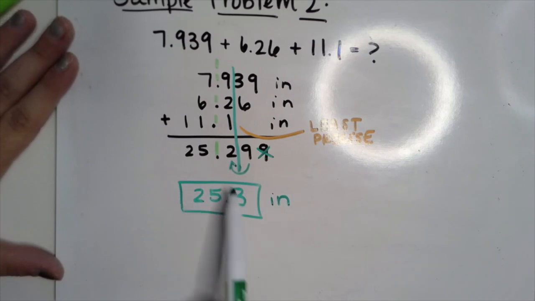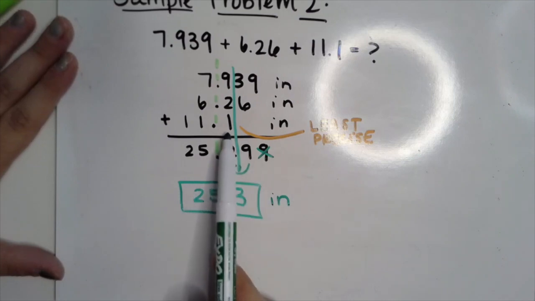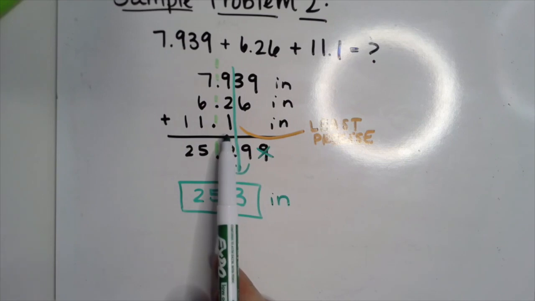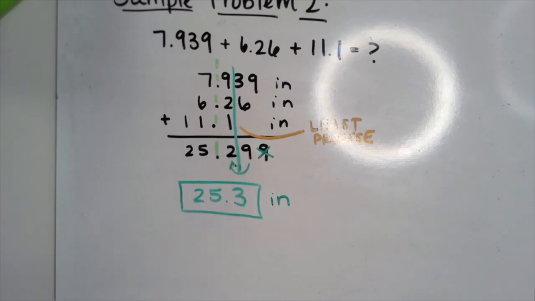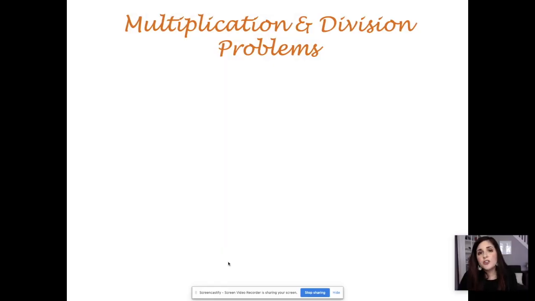My answer can't be more precise than the least precise value. When we're adding and subtracting, the least precise value is the one that has the least number of places after the decimal point. Multiplication and division, a little bit different, still not rocket science. So not too bad of a rule to follow. This one, you're not looking at the number of places after the decimal point. Instead, you have to look at how many significant figures each number has that you're multiplying or dividing in the problem.